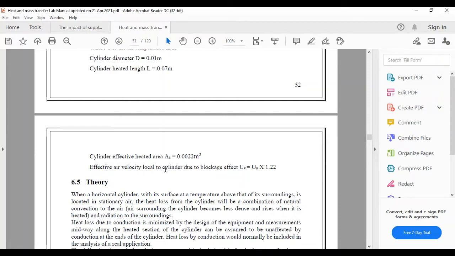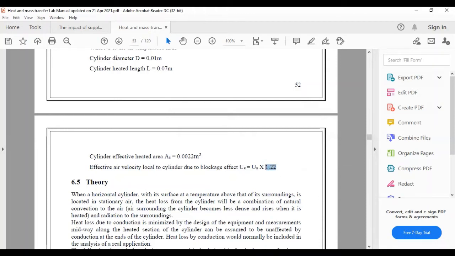Another thing is the effective air velocity. The air velocity that we measure through the sensor is denoted by UA, and it will be multiplied by 1.22 to get the effective velocity. We use this effective velocity in our calculation because of the throttling effect. There is some change of velocity, so we are multiplying it by a factor of 1.22.